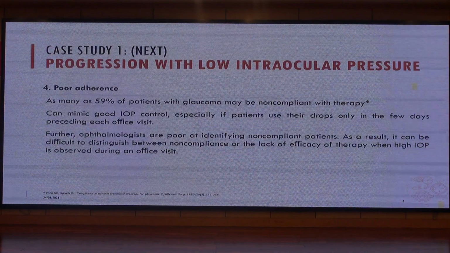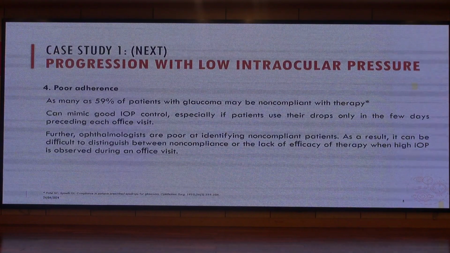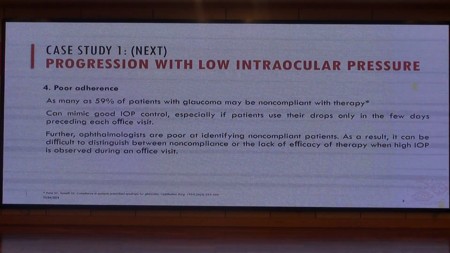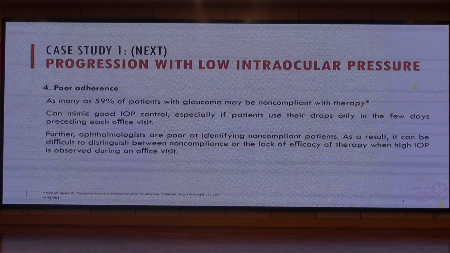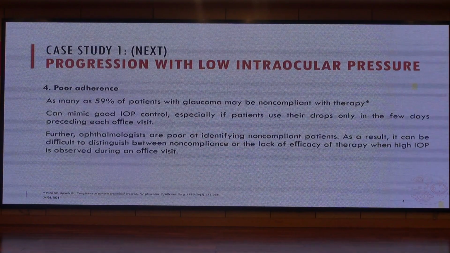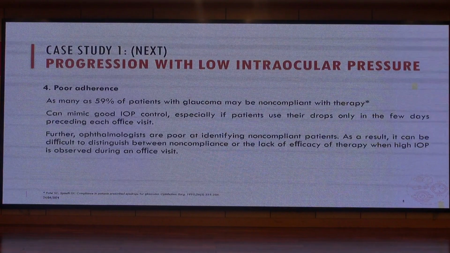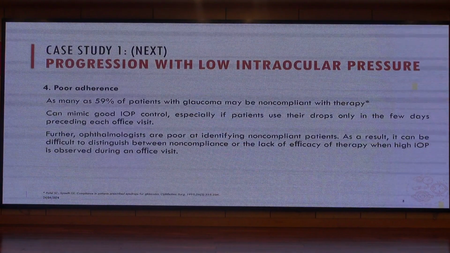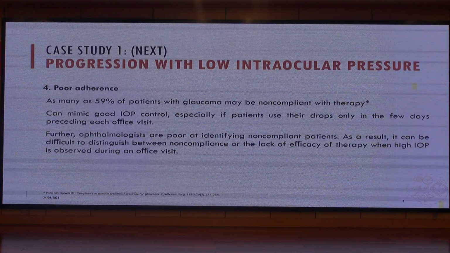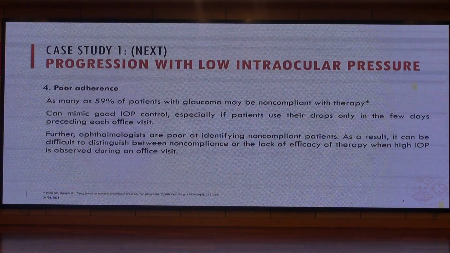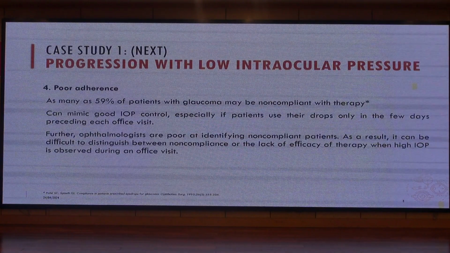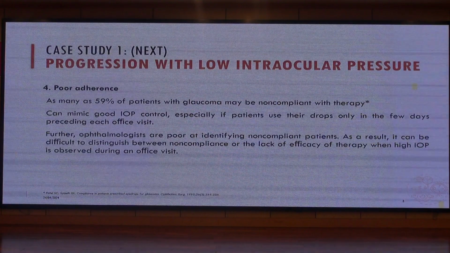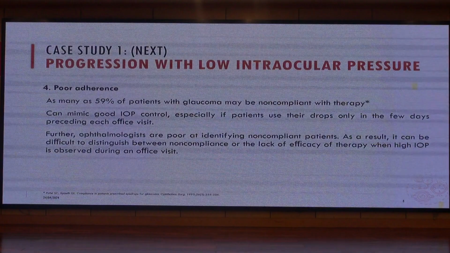So when they come to us, they have a very good IOP, and we think that's their real IOP. But in fact, due to poor adherence, they have a very high IOP at home, and we cannot catch those moments. Furthermore, we ophthalmologists are not good at identifying non-compliant patients. As a result, it can be difficult to distinguish non-compliance from lack of efficacy of the therapy when a high IOP is observed during an office visit.